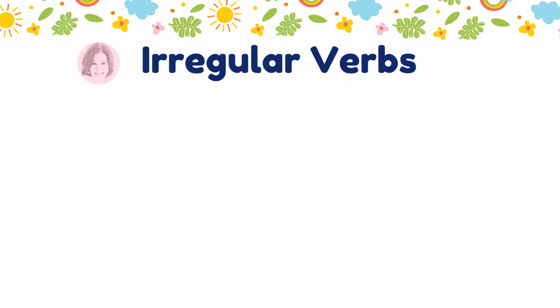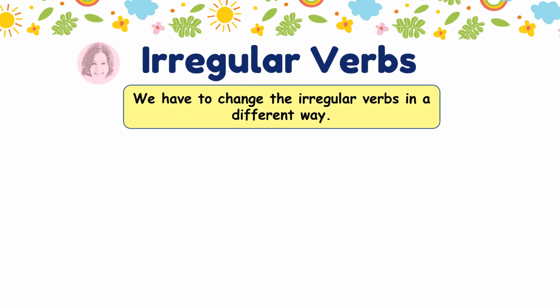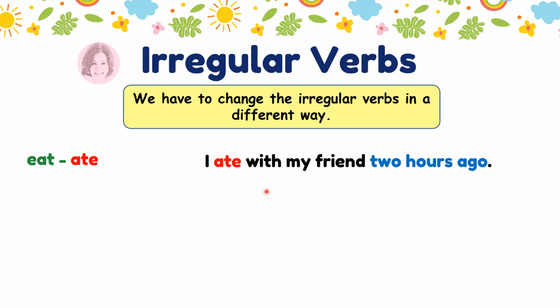Now, let's have a look at the irregular verbs. All irregular verbs have a unique past simple form, so we have to change the verb in a different way. For example, eat, ate. I ate with my friend 2 hours ago.